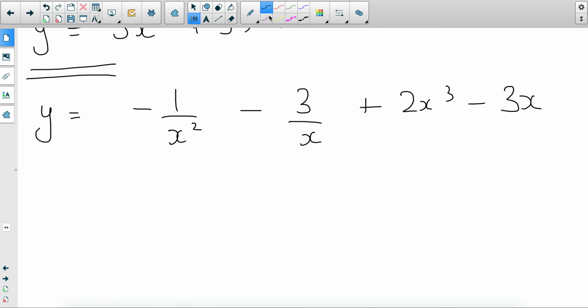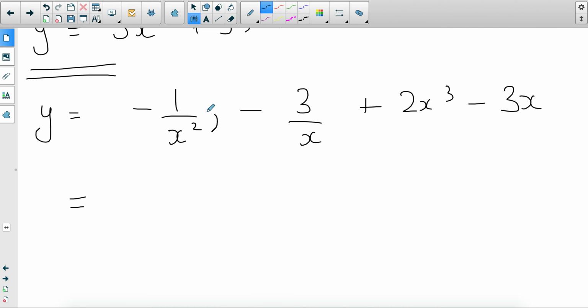So quite a lot of functions. The point of me making it quite complicated is just to show you it's all the same thing. Actually, before we differentiate, remember that whenever you have a variable in the denominator, you always want to fix what the function looks like so that the variable in the denominator ends up being in the numerator. And that way we can use the rules for differentiation.